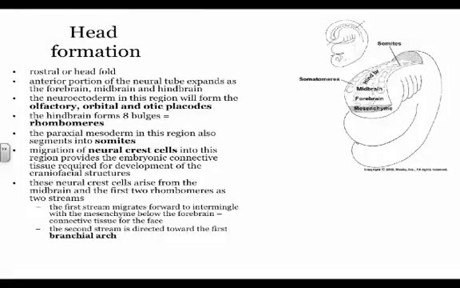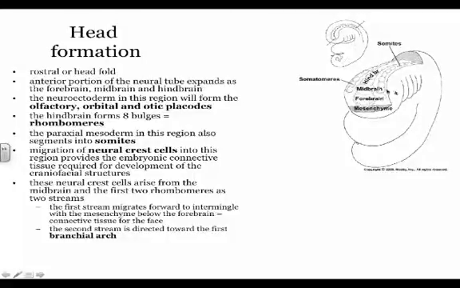Now, to form the head, we have a problem, and that is this. We have the head fold that we showed you before, and it grows over here. We're going to form the olfactory placode, the optic placode, and the otic placode, which is where the ear will come here.